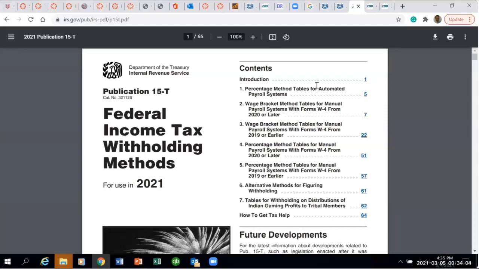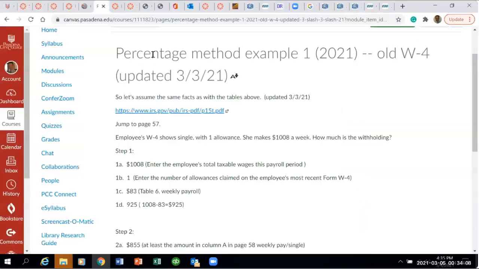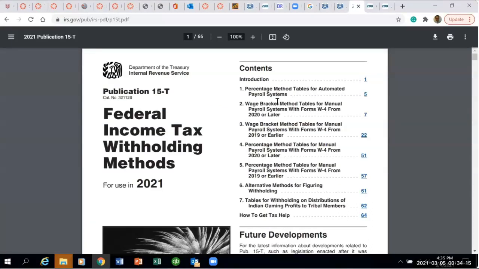So we want the percentage method for older W-4, 2019 or earlier. That's why we jump to page 57.